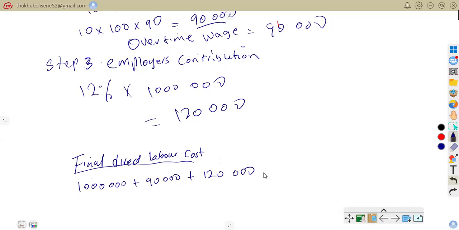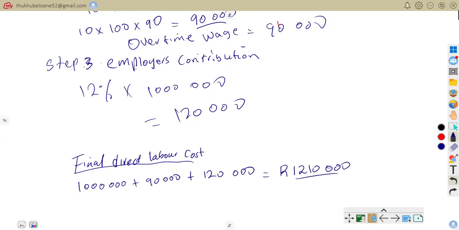All this will give us 1,210,000. This is our final direct labor cost.